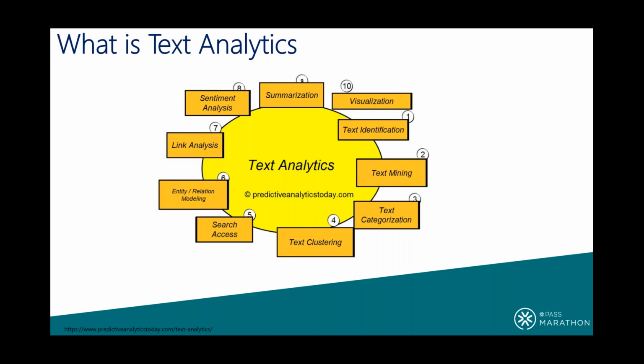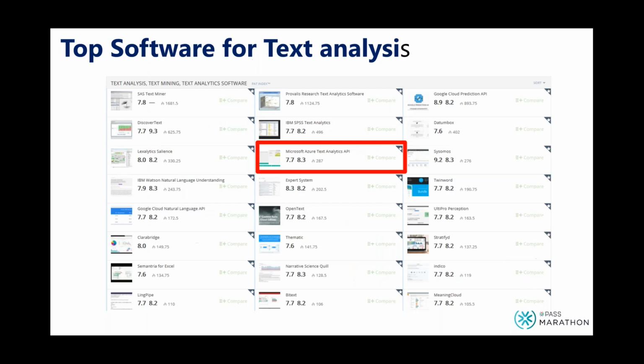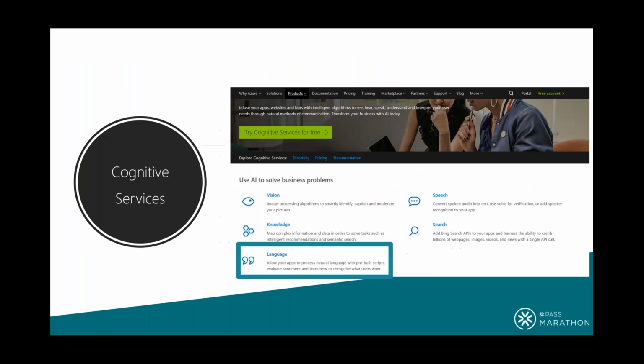Or you want to see the relationship between different documents. This is all about text analytics. Microsoft Cognitive Services Text Analytics is really young, but it has a really great ranking according to different benchmarking websites. So this is one which is really good.